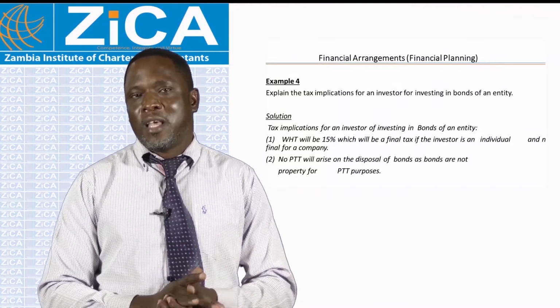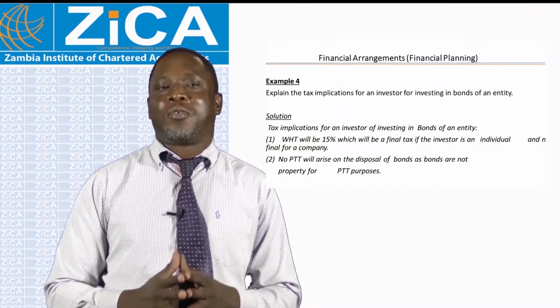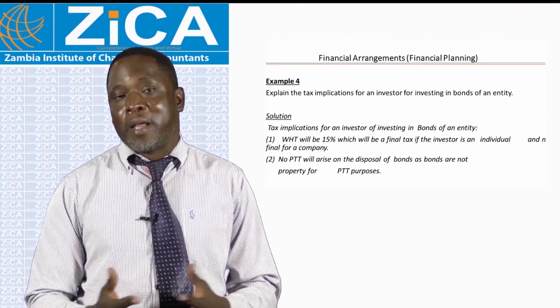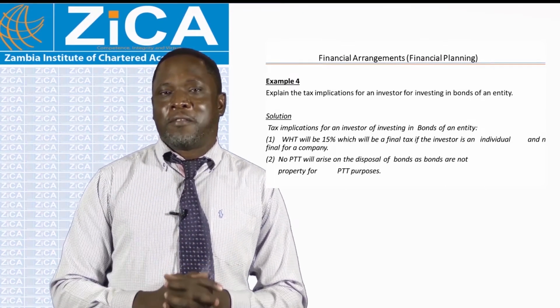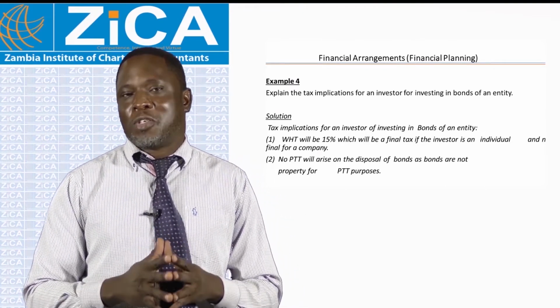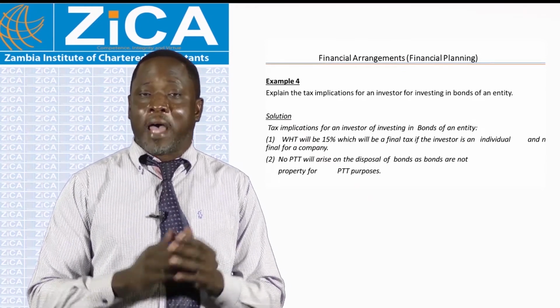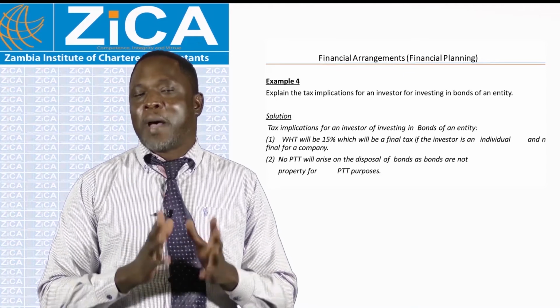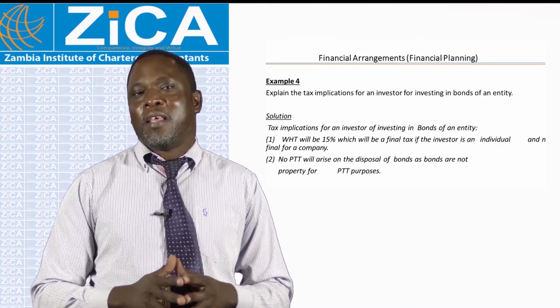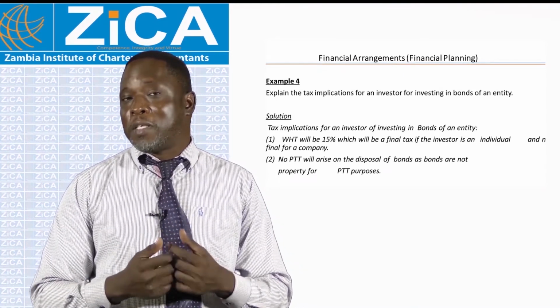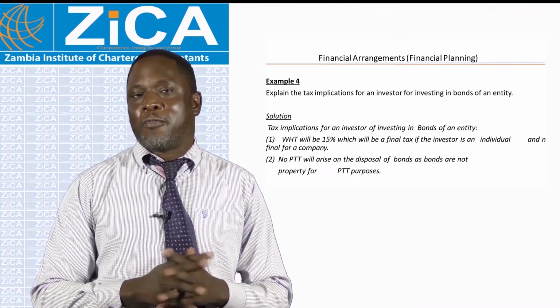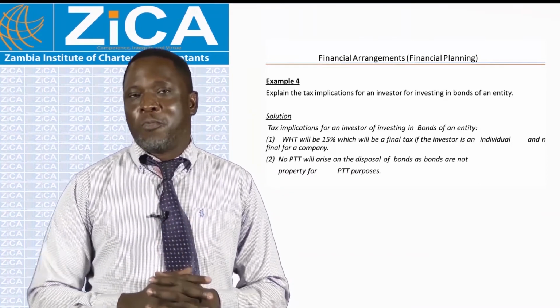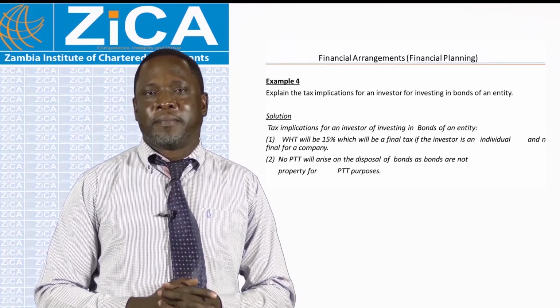It depends. Is this investor an individual or is this investor a company? If the investor is an individual, then the interest will be subjected to withholding tax at the rate of 15%, which will be a final tax. But if the investor is a company, the interest income will still be subjected to withholding tax at the rate of 15%, only that it will not be a final tax.